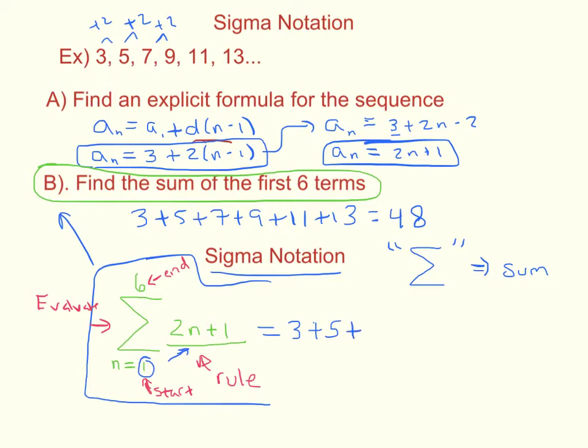Plug in 3, you get 2 times 3 plus 1, which is 7, plus. Plug in a 4, you get 2 times 4 plus 1 is 9. Plug in 5, you get 5 times 2 plus 1 is 11. And then plug in 6, you get 2 times 6 plus 1 is 13. And now I stop. That's what this 6 up here means. It means stop after plugging in 6. And so that is how sigma notation works.